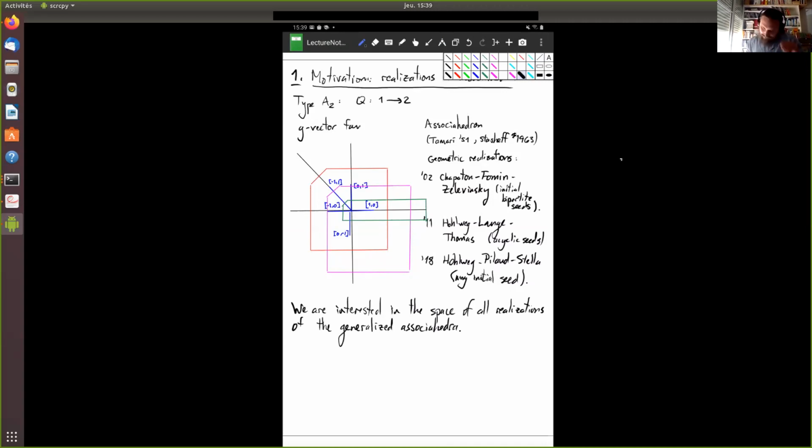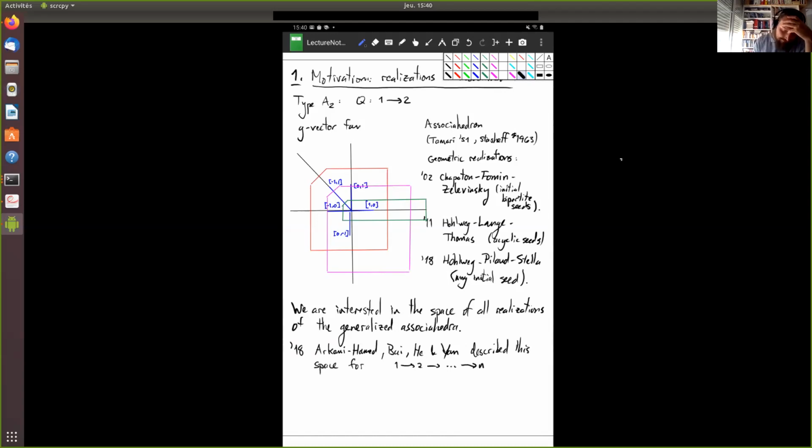But maybe why were we interested in this? It's because the question arose in work by physicists. So in 2018, in a work by Arkani-Hamed, He and Yan, they described this space for any linearly oriented cluster algebra of type A_n. So they described this space for a quiver of type A_n in this way.